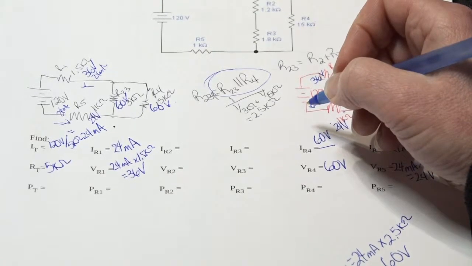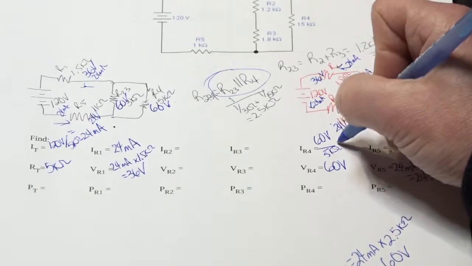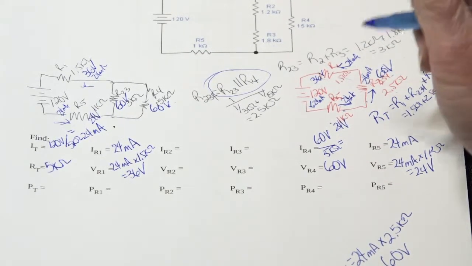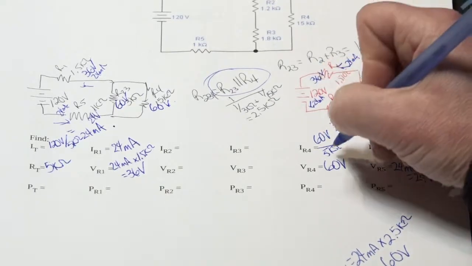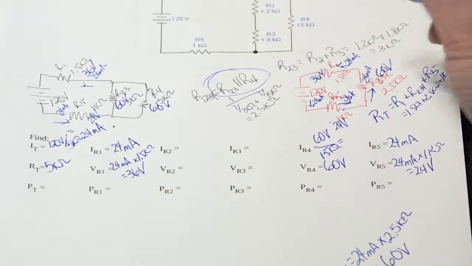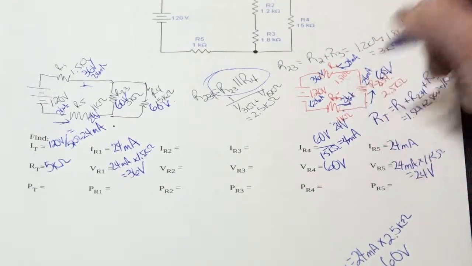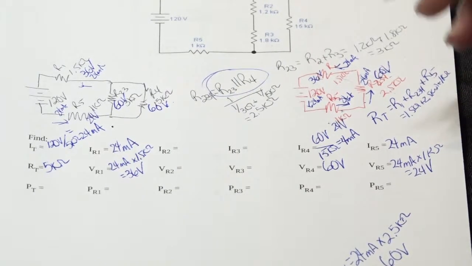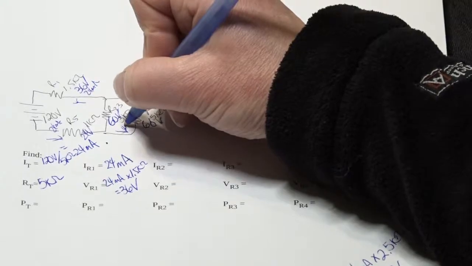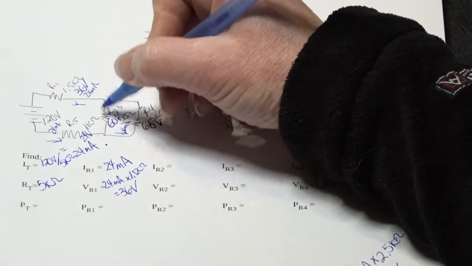So 60 volts divided by 5K ohms gives us, oh whoops, not 5, how about 15? That's a big difference there. By 15K ohm resistance gives us 4 milliamps. That looks a little bit better. So that means if we've got 4 milliamps going this way and we got 24 milliamps coming in, how much do we have left here?